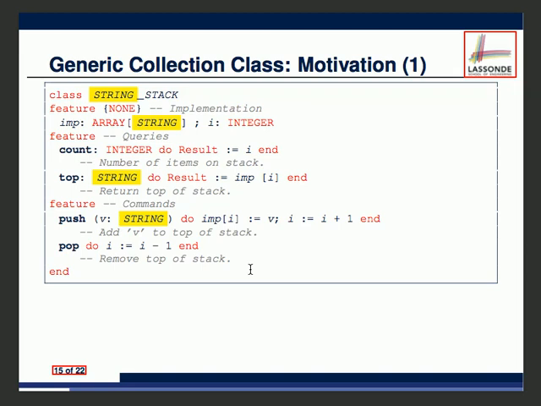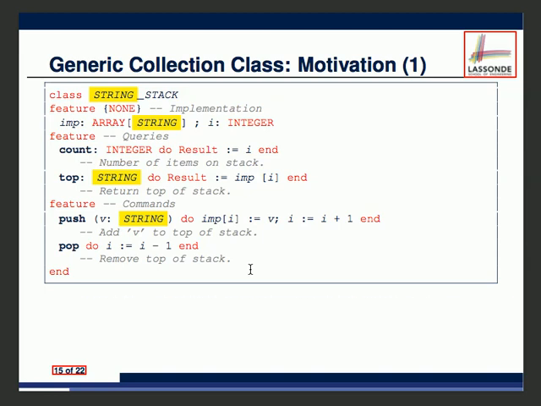We simply want to go to the last one. Similarly, if you go to the push, it doesn't really matter what the element type is, either string or account. We simply assign the value to the last and then increment the I. So the way we do the updates for the stack is irrelevant to the type of the elements, right? So that's my point over here.